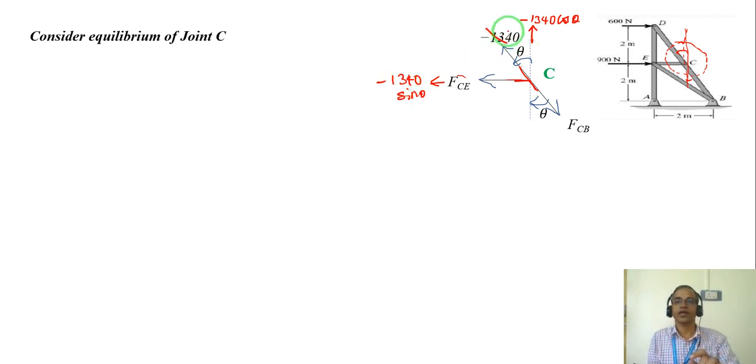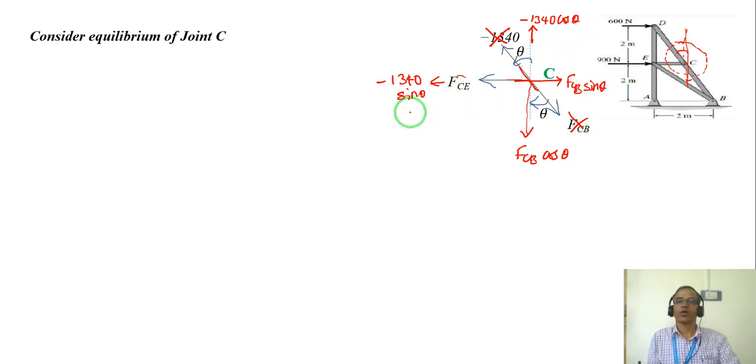So then I can very well remove this. Similarly, FCB. If I take this side, FCB cos theta, because of the angle, and this side will be FCB sin theta, then I can remove this.